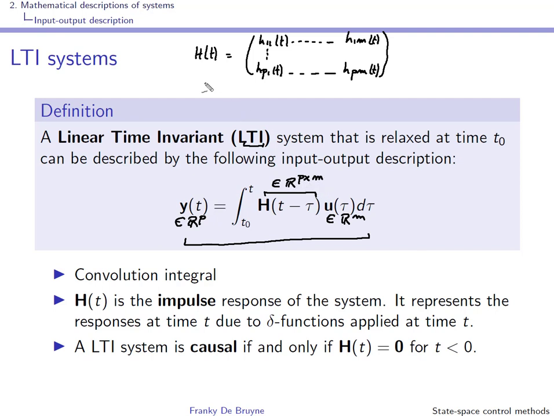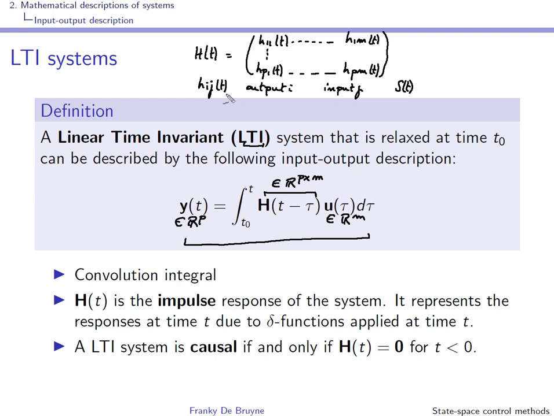So for instance, hij of t, it's the output i when the input j is subjected to a Dirac impulse delta of t.